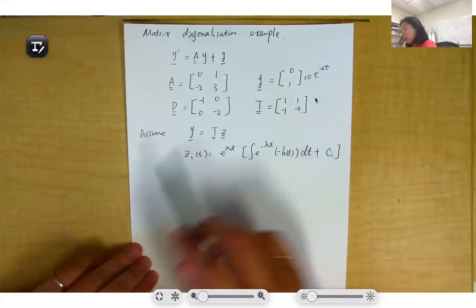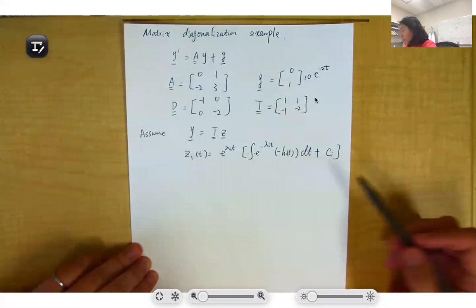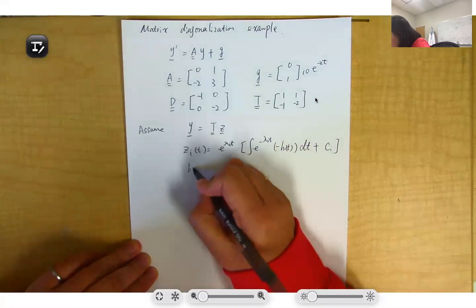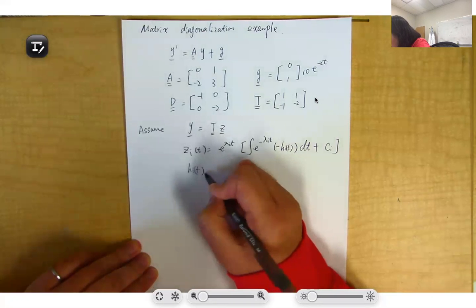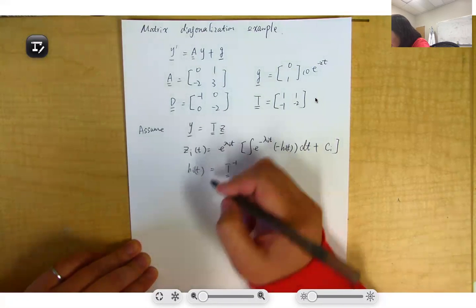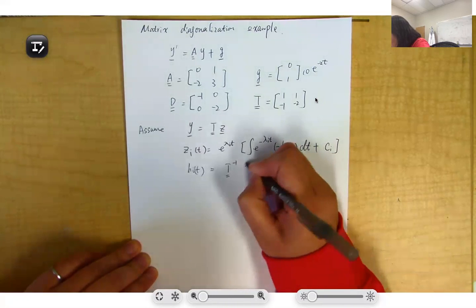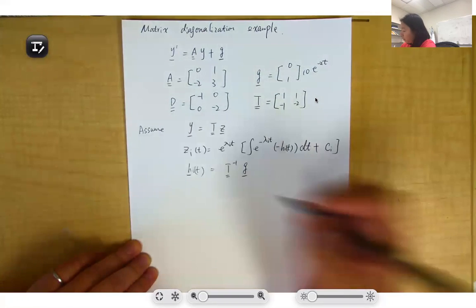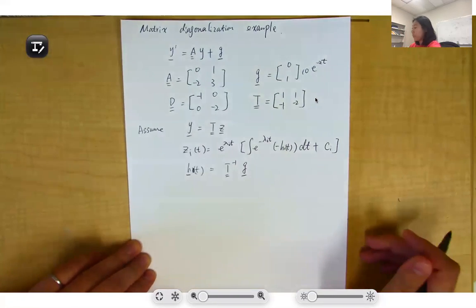Since we are trying to solve for the general solution, we will include this part. The h(t) will be equal to T inverse times G.